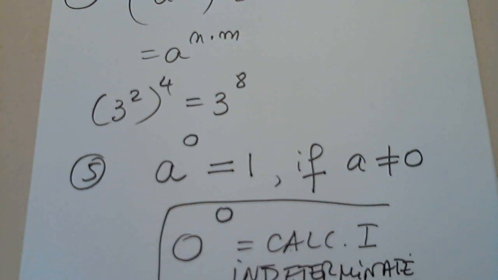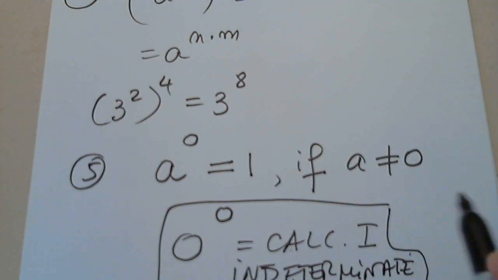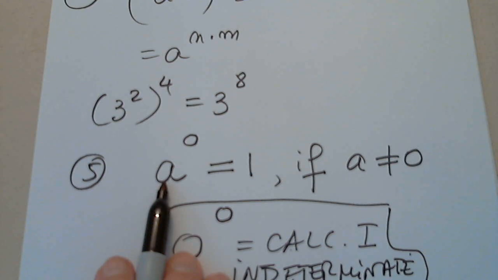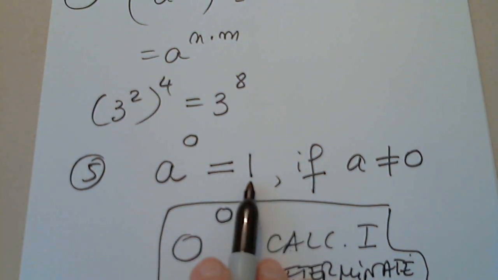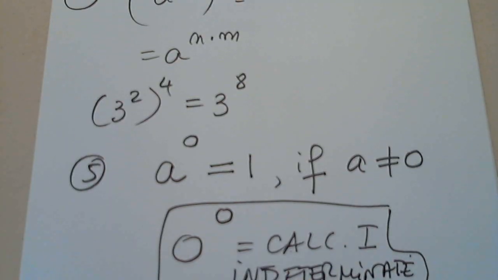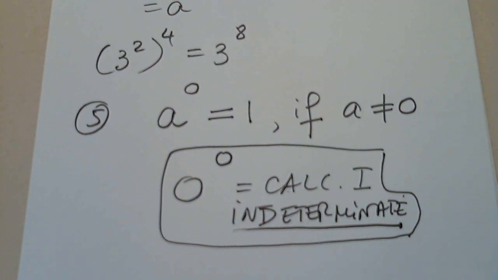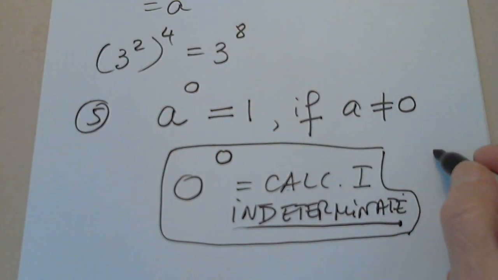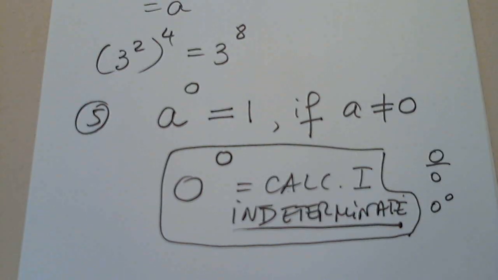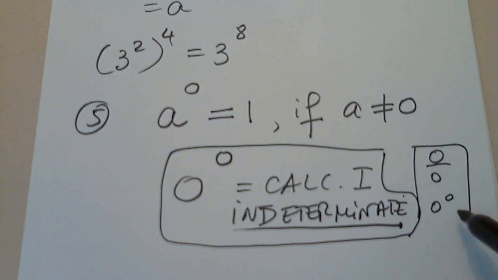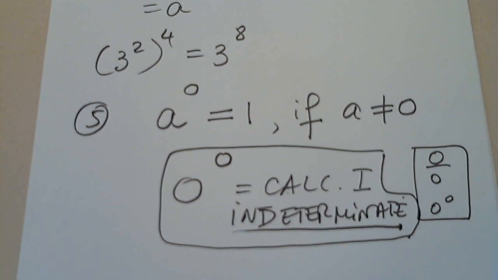Please do not worry about this in this class. The reason I write it is because I want you to remember that the base cannot be 0. 0 raised to 0 may or may not be 1. It's an indeterminate case. So we had 2 indeterminate cases so far, 0 over 0 and 0 raised to 0. These are not part of this class.